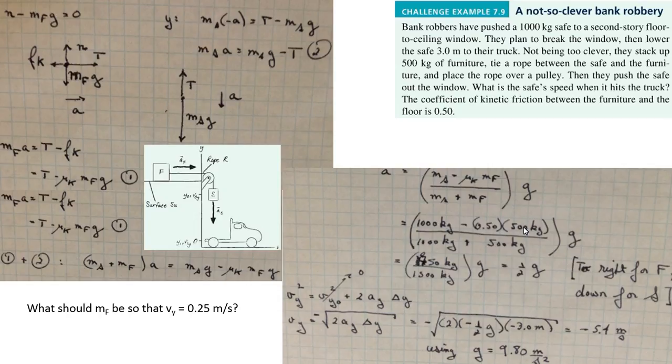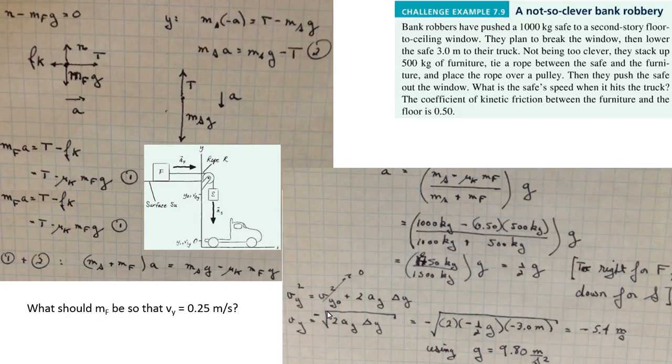So that's going to give us in the numerator 750 kilograms divided by the sum of the masses is 1,500 kilograms times g. 750 divided by 1,500 is 1/2 g. And that's going to be an acceleration which is to the right for the furniture and vertically down for the safe.